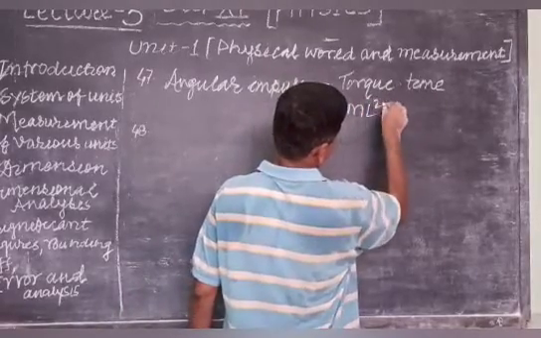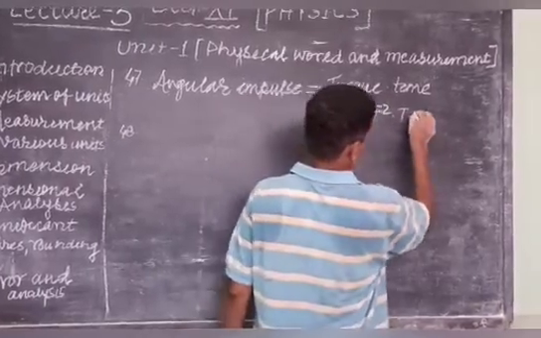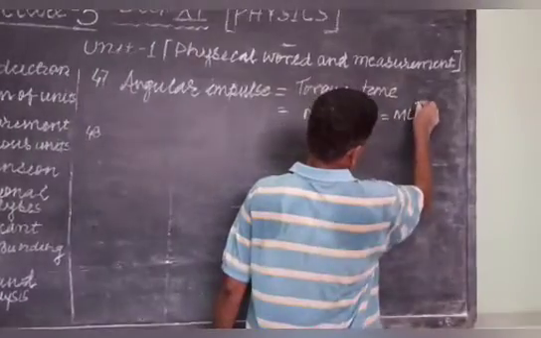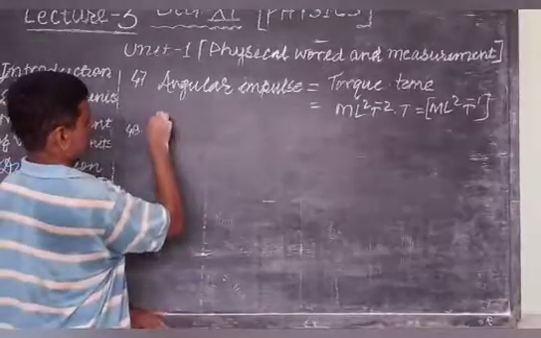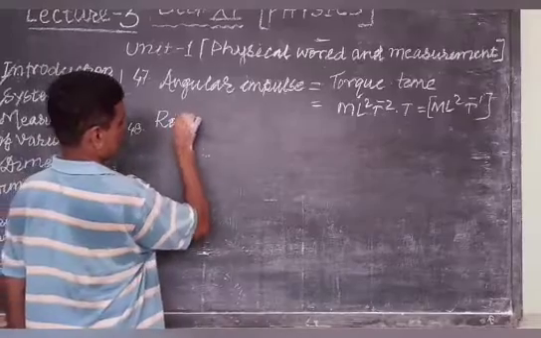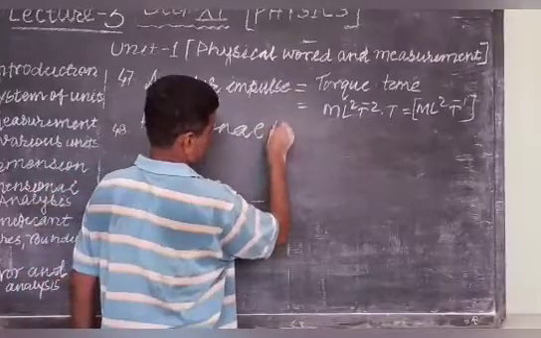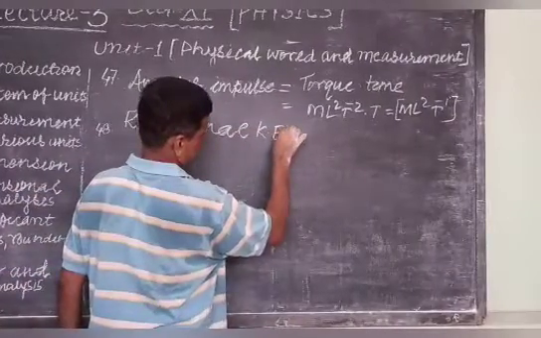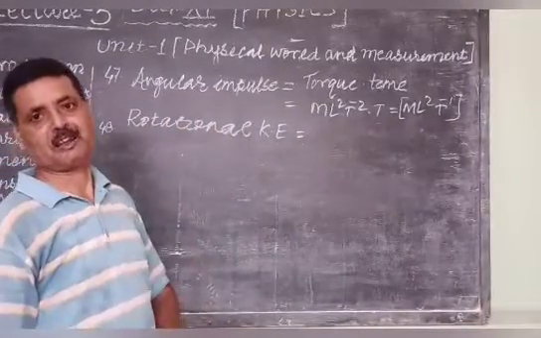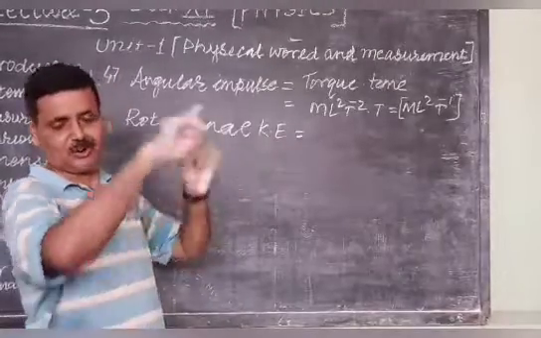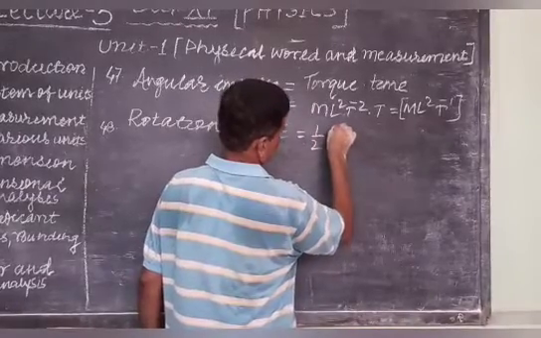Multiplied by time, finally it is ml square t to the power minus 1. Next is your rotational kinetic energy. Kinetic energy is equal to half mv square from standard length. Here, for a rotating body, it is half I omega square.